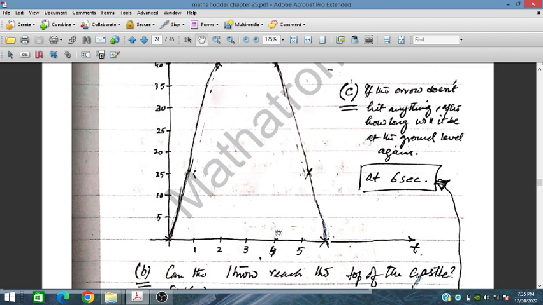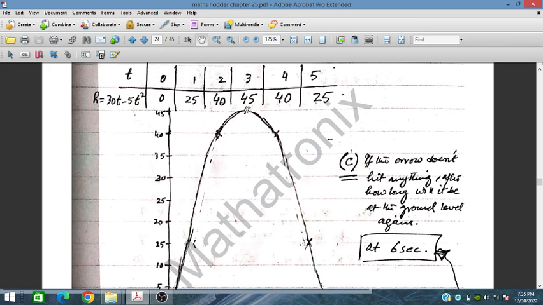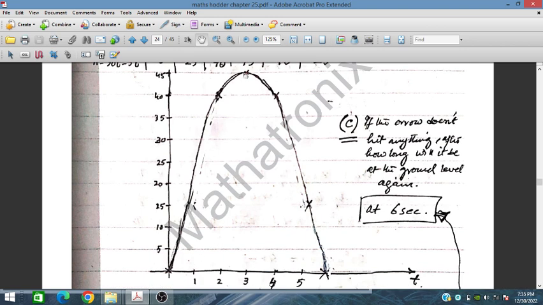And the C part is, if the arrow does not hit anything, after how long will it be at the ground level again? If the arrow does not interact with any object, then it will fall down. So the arrow first rises to the maximum peak and then it falls down.